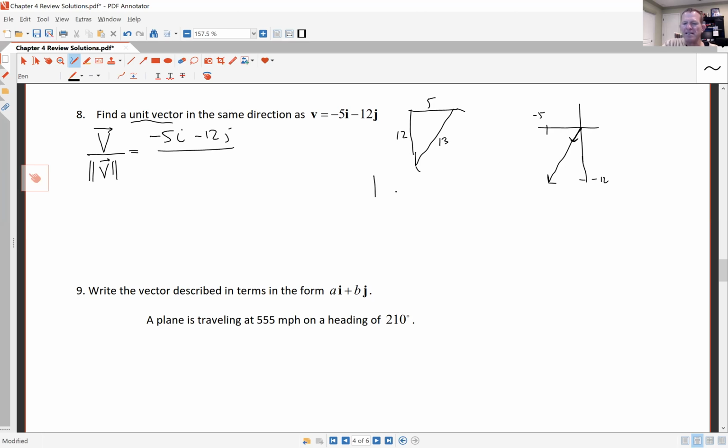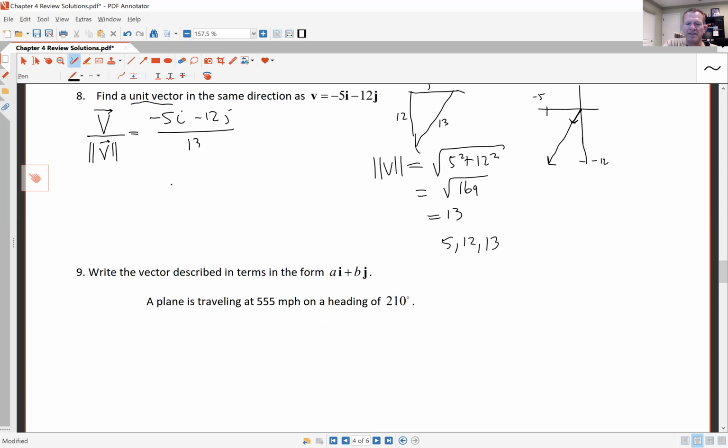Remember, the length of v is found by taking the square root of the sum of those two squares. 25 and 144 is 169, or 13, but we're supposed to recognize that Pythagorean triple pretty quickly. And so we take these and divide by 13, and that gives us negative 5/13 i minus 12/13 j. And now this is a unit vector that's in the same direction as v.